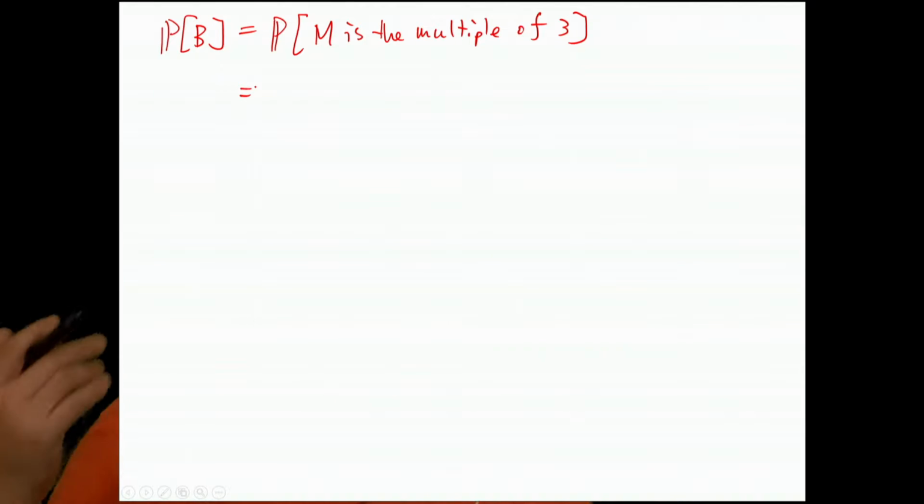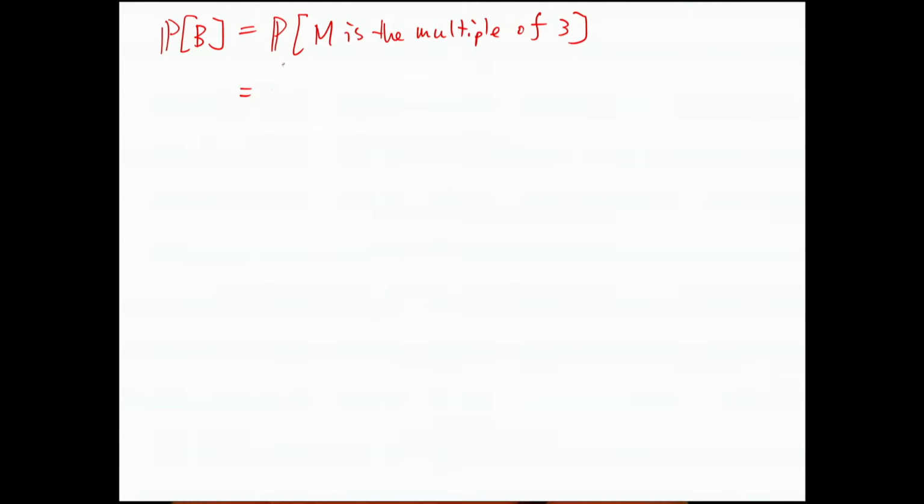Now we want to find the probability of B. The probability of B is that M is a multiple of 3, which means K is 3, 6, 9, 12, and so on.